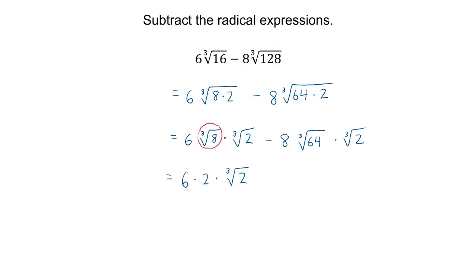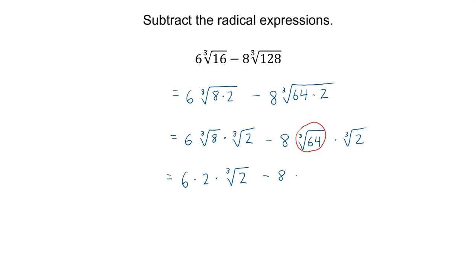Keep simplifying. In the first term, the cube root of 8 is 2, because 2 times 2 times 2 is 8. And the cube root of 2 is already a fully simplified radical. So in the first term we have 6 times 2 times the cube root of 2. In the second term we have minus 8 times the cube root of 64.